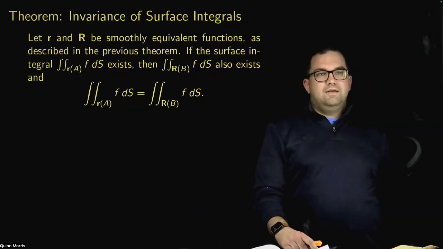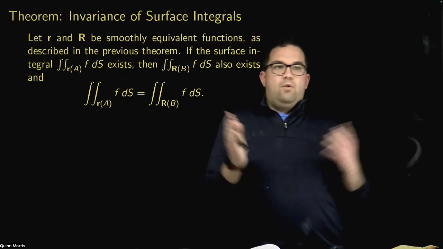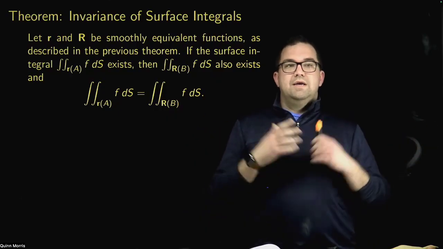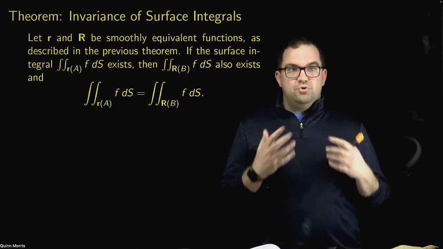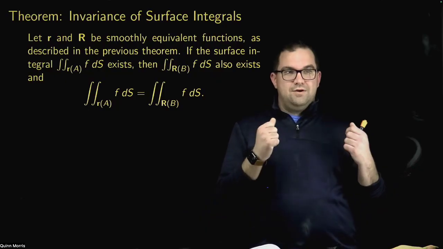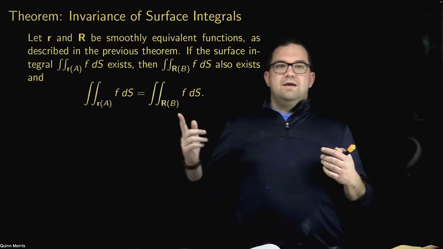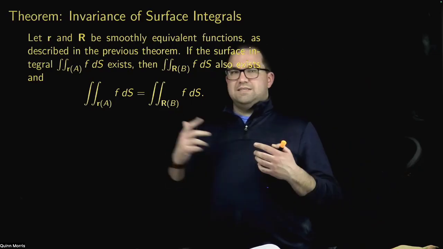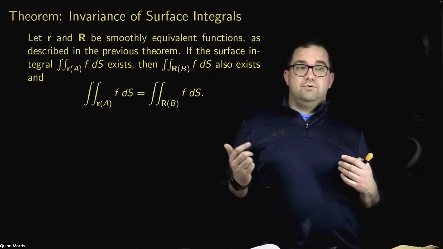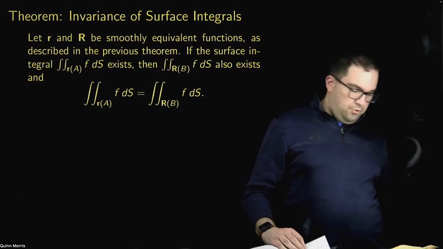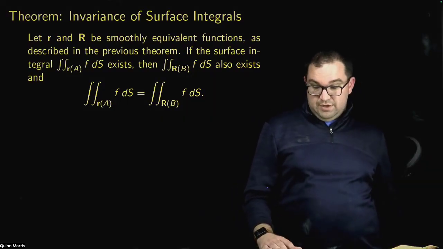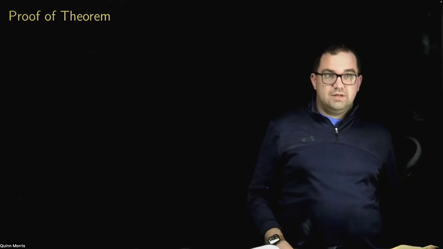Okay, so again, this basically says we need not worry about what parameterization we choose if they are smoothly equivalent functions, right? So they're sort of parameterizing the same surface, then it doesn't matter which one I pick. If one of them exists, the other will exist, and they'll always give me the same value. So I don't have to worry about which parameterization I choose, which is really nice. It'd be really unfortunate if I did have to worry about that. Okay.